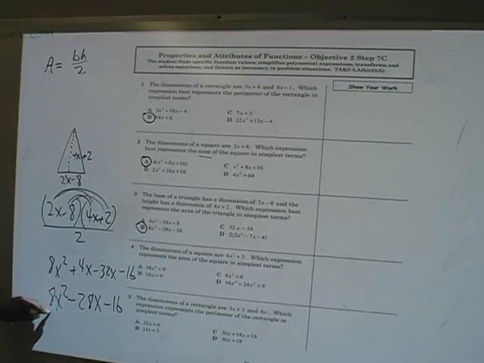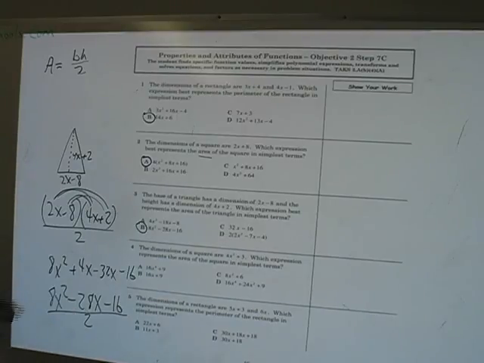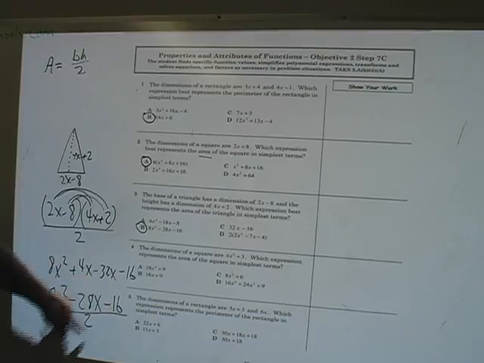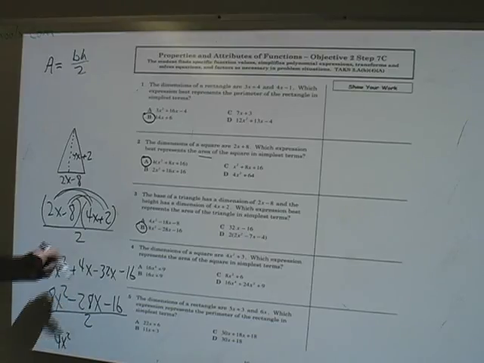So let's divide this by 2. You just take each part divided by 2. Okay? 8x squared divided by 2 is 4x squared. Negative 28x divided by 2 is negative 14x.